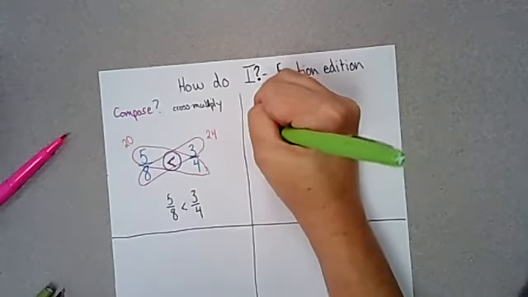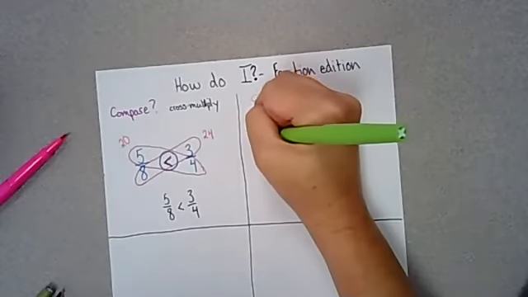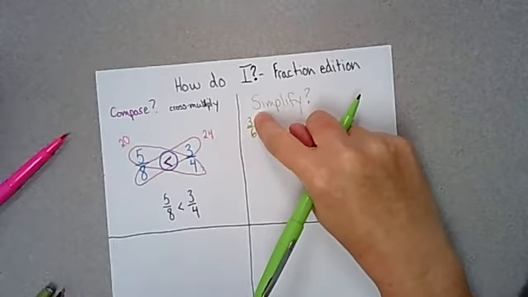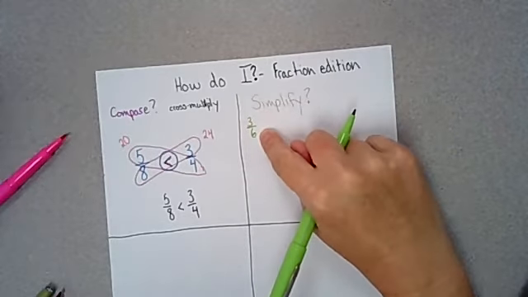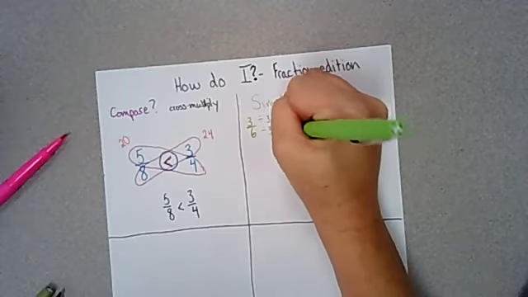If you have 3/6, if the numerator can divide into the denominator, do that. So you can divide the top and the bottom by 3, and you get 1/2.